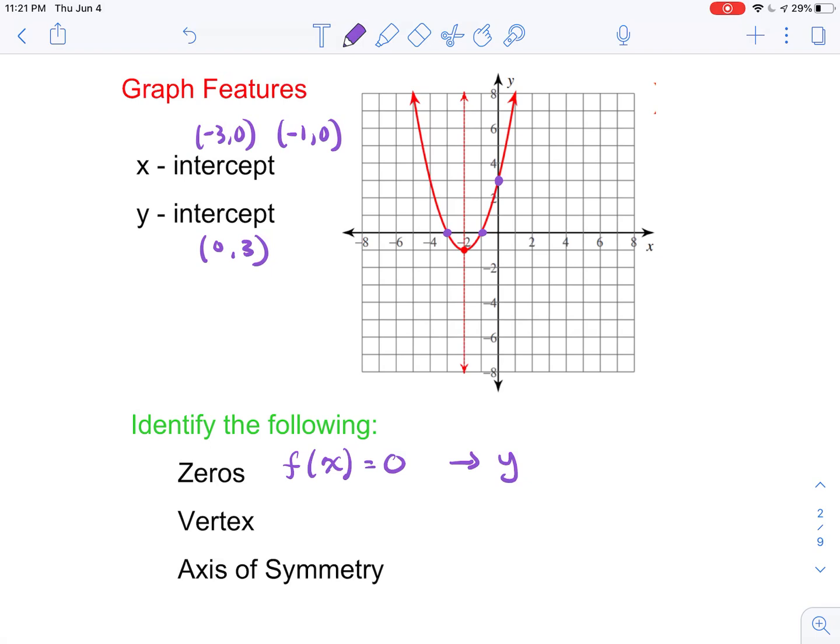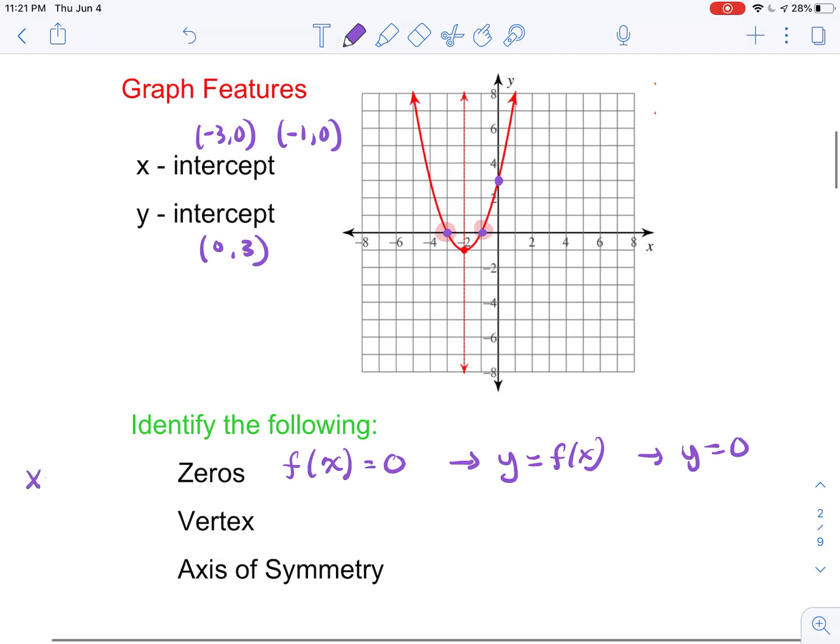The one thing we should remember about function value is that f of x is equal to y. So what this is basically saying is we are looking for the points where y is equal to 0. So looking at our graph, where is y equal to 0? Well, it's equal to 0 at my x-intercepts, okay?